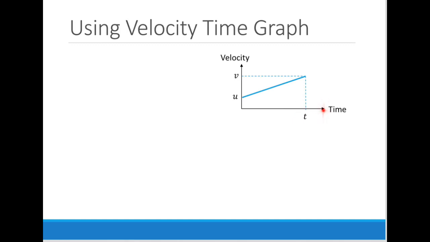And if you notice, u is the initial velocity and v is the final velocity, and we know that the area under the graph is the displacement, and we know that the gradient of our line is the acceleration. So it's important we remember those aspects of the graph before we get started.